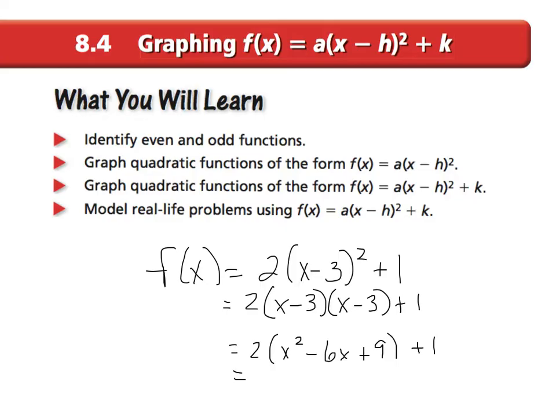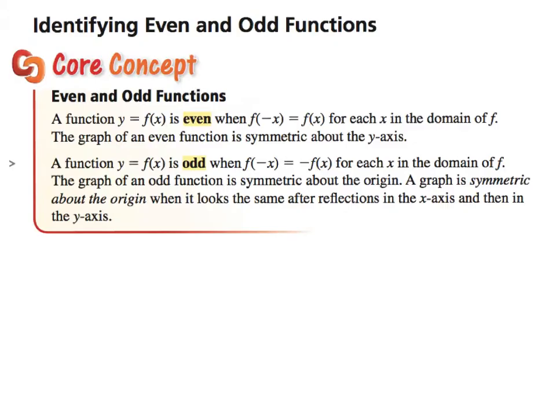You then could distribute the 2 and then add the 1, so that would be 2x squared minus 12x plus 18 plus 1, which is plus 19. You then would follow the rules which you already know, finding the vertex using negative b divided by 2a, and you would graph it like you have previously.